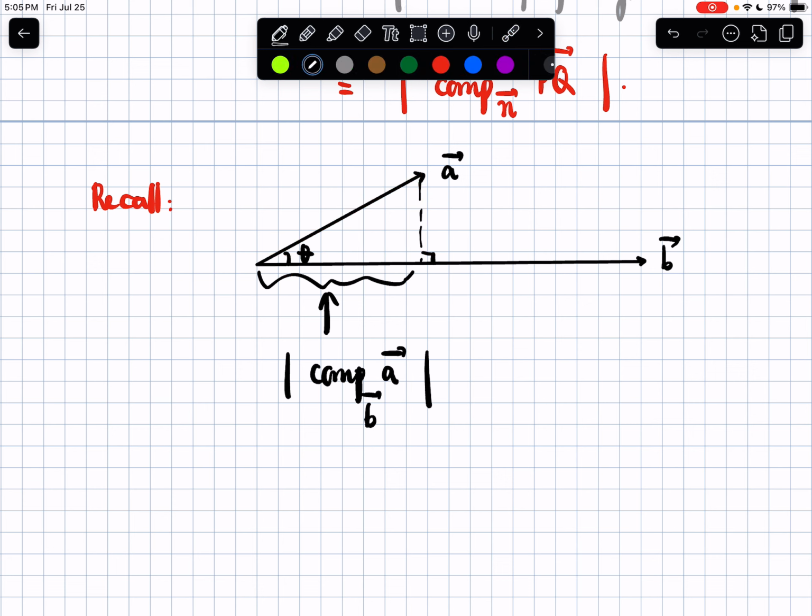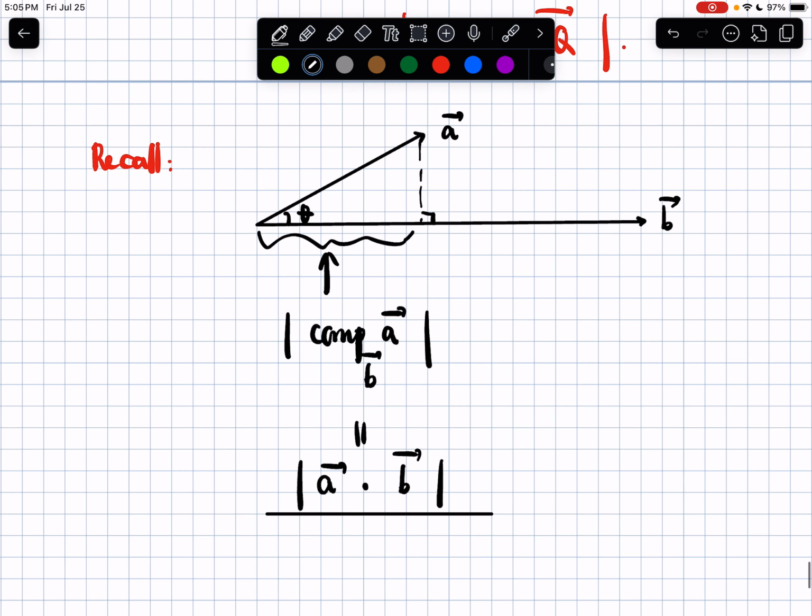So this is the absolute value of the dot product of A and B, divided by the length of B. So this is a formula to compute the absolute value of the component of a vector projected onto another vector.